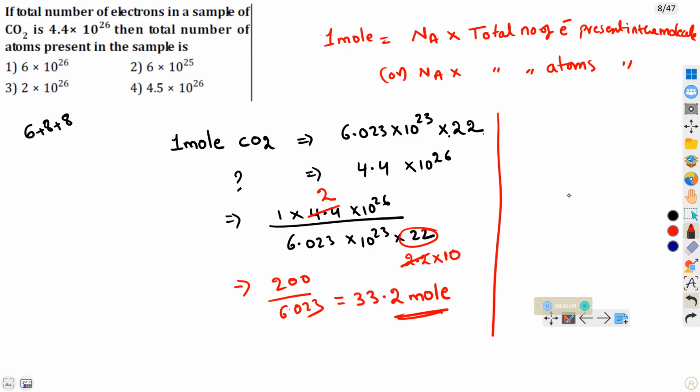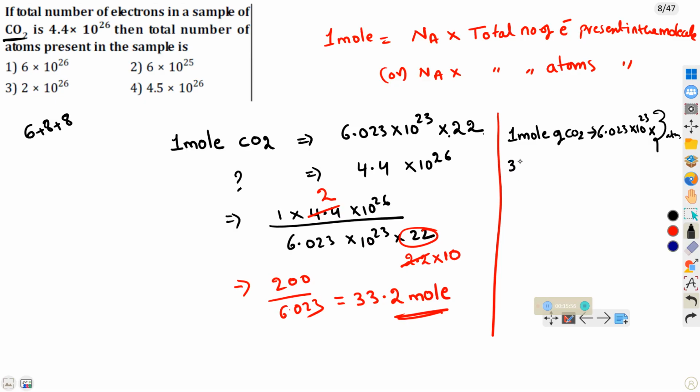Now, 1 mole of CO2 contains 6.023 into 10 power 23 into 3 atoms, since CO2 is a combination of 3 atoms.